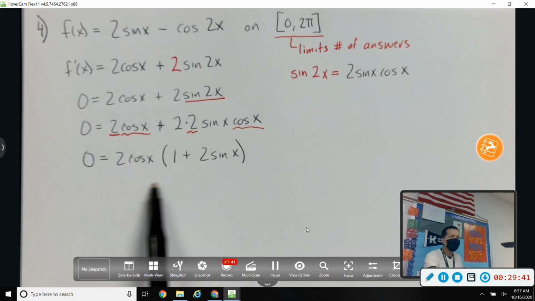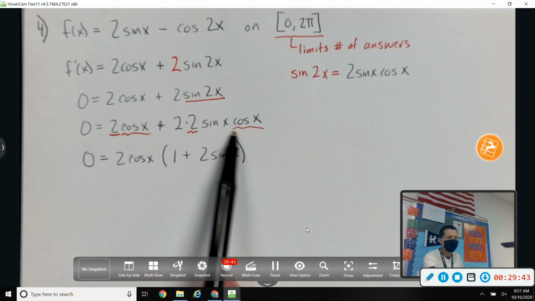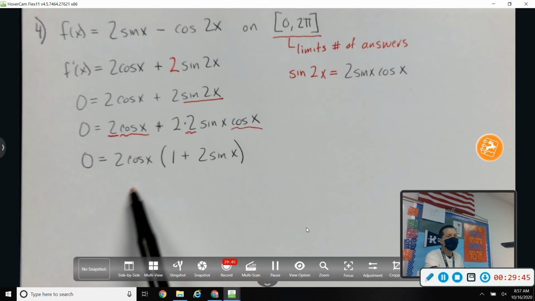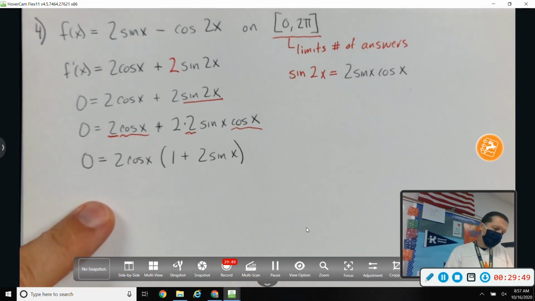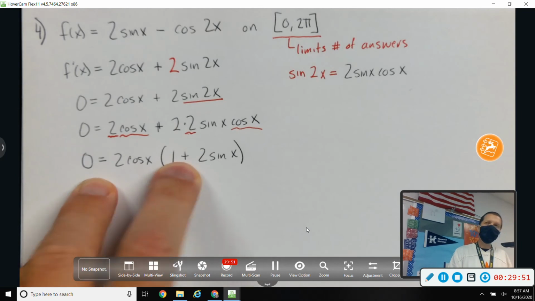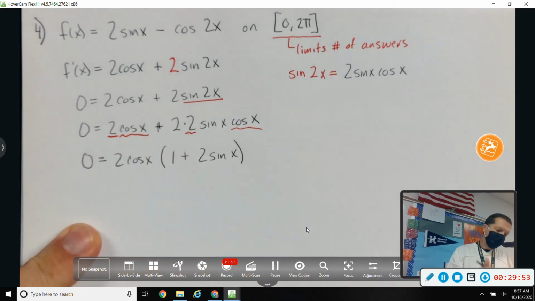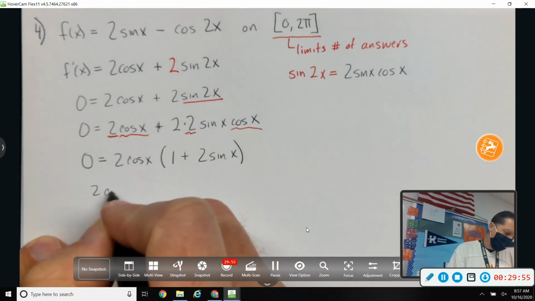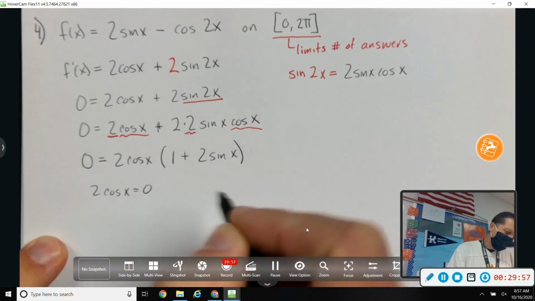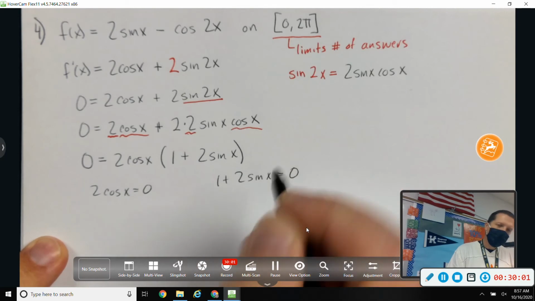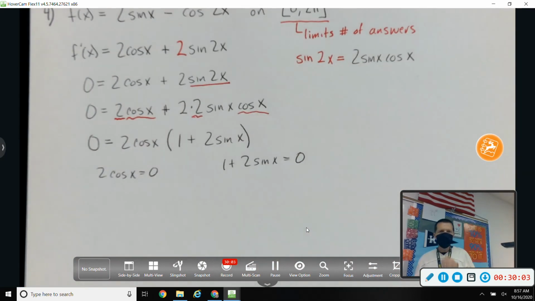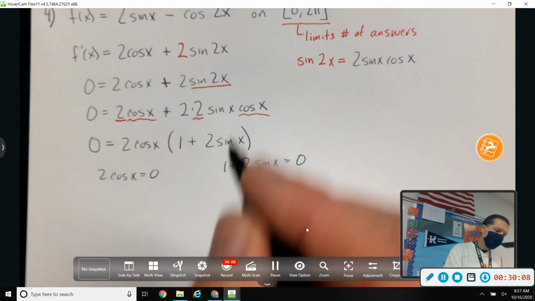Why don't you just leave this as your answer? Well, it's because now we want to set this equal to 0, and it's a whole lot easier to set factors equal to 0. That's why we keep factoring things out, because when you have factors, you can set each factor equal to 0. You can't do that with things that are added, but you can do it with things that are multiplied.